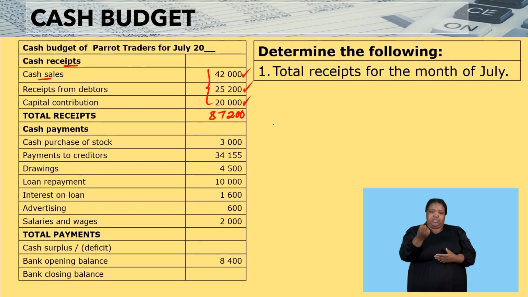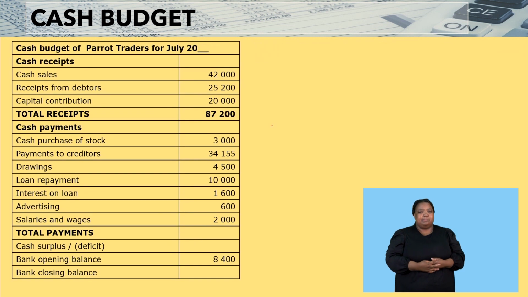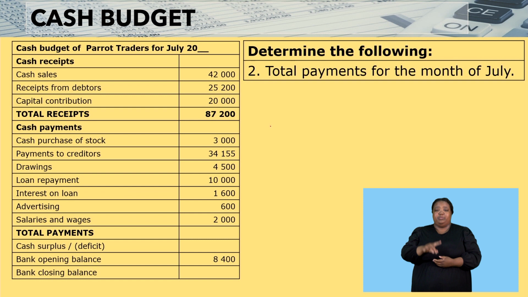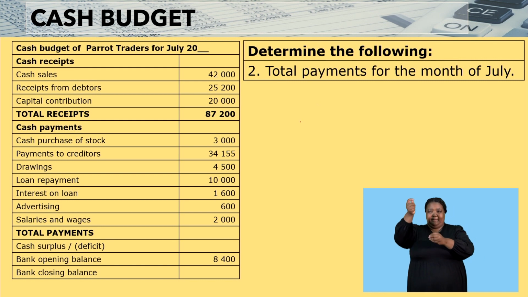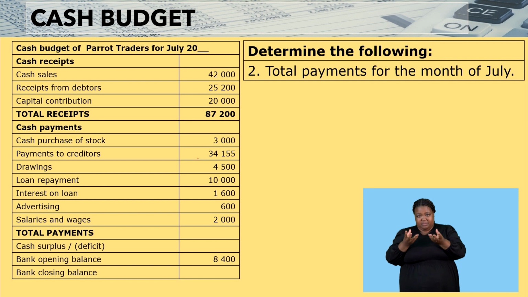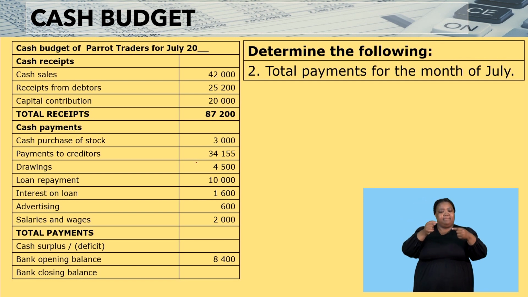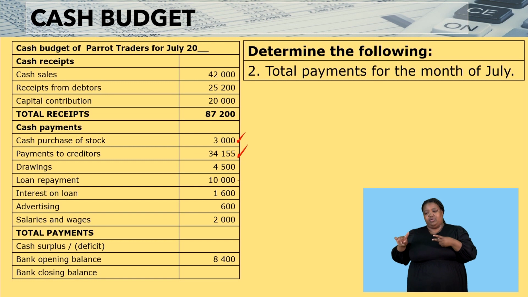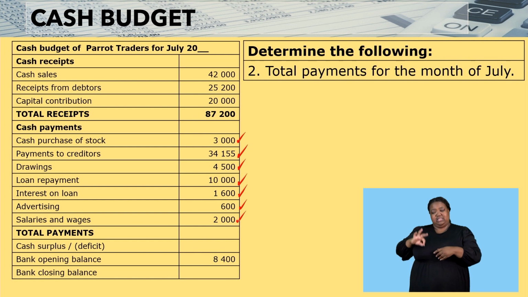I'll go to question number two. Question number two says, calculate the total payments for the month of July. To get total payments, I'm now coming to the payments section. I'm going to add on my calculator 3,000 plus 34,155 plus 4,500 plus 10,000 plus 1,600 plus 600, and then I add 2,000 for the salaries and wages.